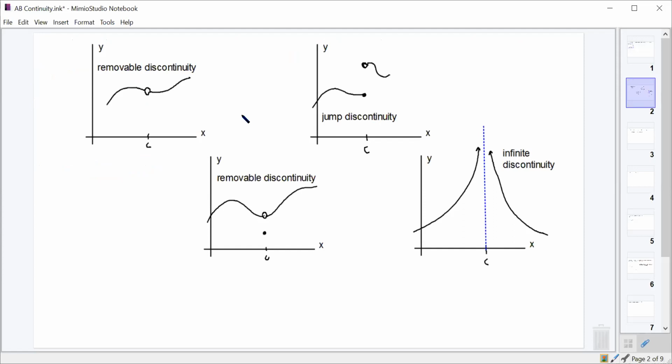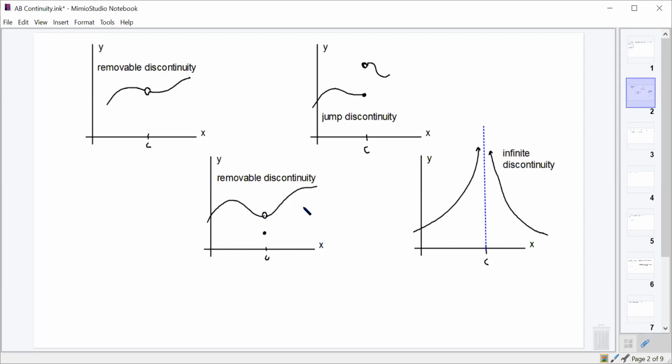A removable discontinuity is just what it sounds like. You've removed one point from it. So it's continuous everywhere else perhaps, but you've removed that one point. A removable discontinuity could also have that point filled in elsewhere, at the same C value with a different Y value than what we have everywhere else. That's still called a removable discontinuity.